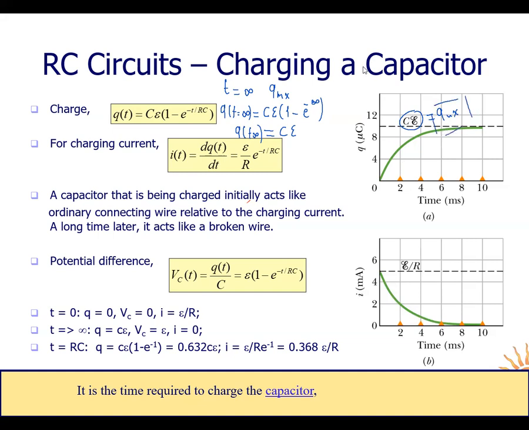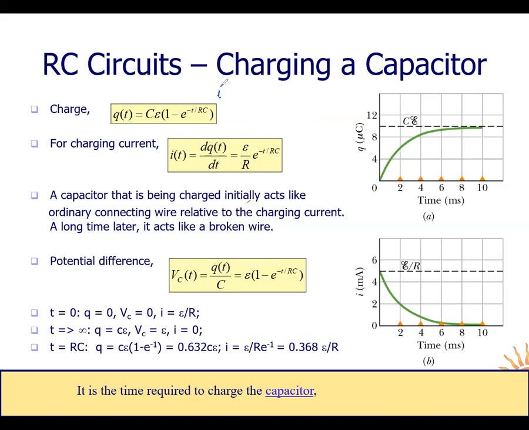Okay, now I want to calculate I. You know, I equals dq divided by dt. We have the value of q, so we have to take the derivative of q.